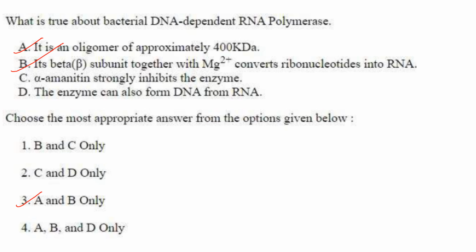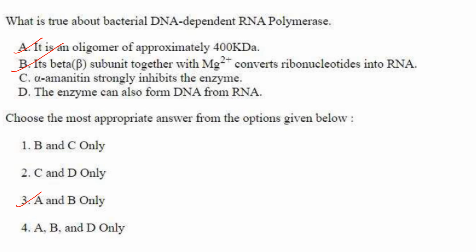What is true about bacterial DNA dependent RNA polymerase? A. It is an oligomer of approximately 400 kDa. Yes, that's correct. B. Its beta subunit together with Mg2+ converts ribonucleotides into RNA. That is also correct. So A and B are correct. Okay, C. Alpha amanitin strongly inhibits the enzyme.